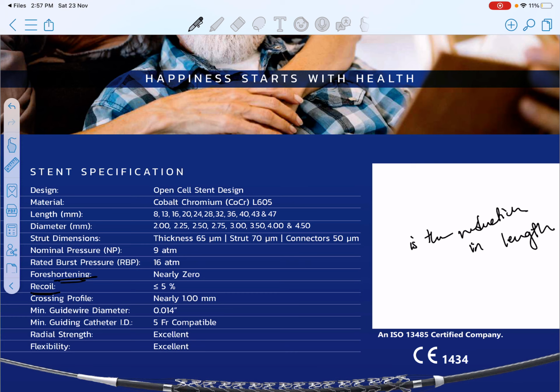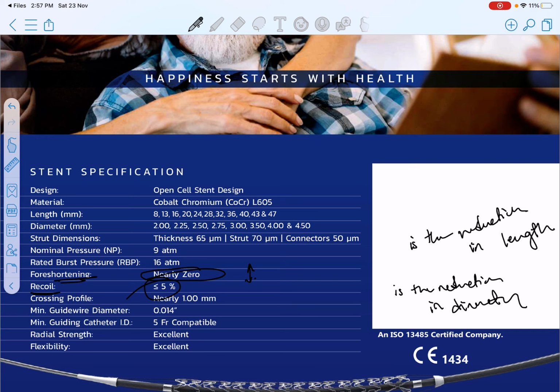Recoil is the reduction in diameter. So as we can see here, foreshortening is nearly zero, so the change in length is nearly zero, and recoil is less than 5%.